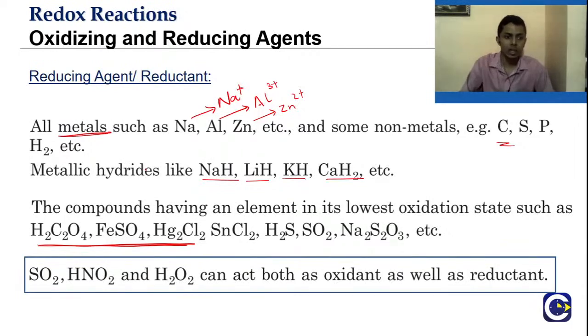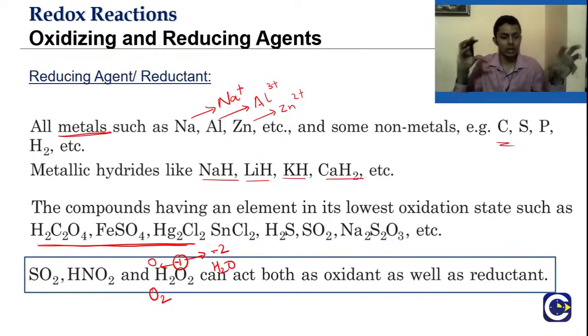Why so? In H2O2, the oxidation state of oxygen is -1 because it is a peroxide. So this -1 can either go to -2 or to 0. If you take O2, it will be 0. If you take H2O, it will be -2. That's why sometimes it can act as oxidant, sometimes as reductant.